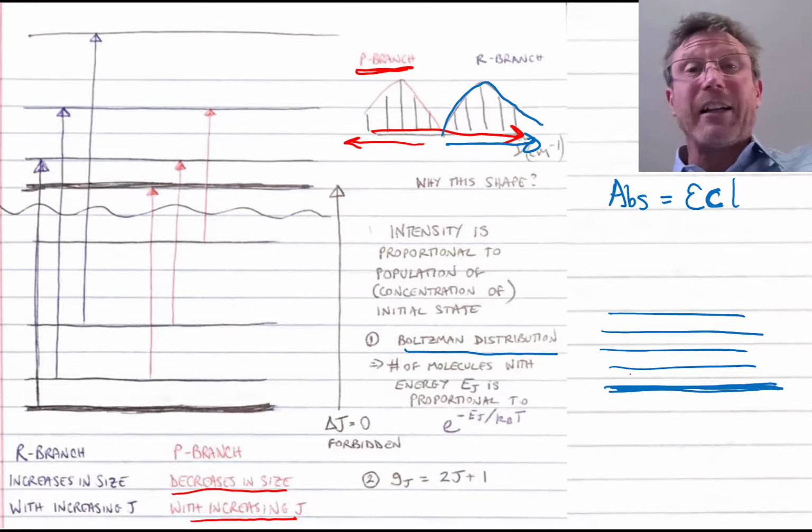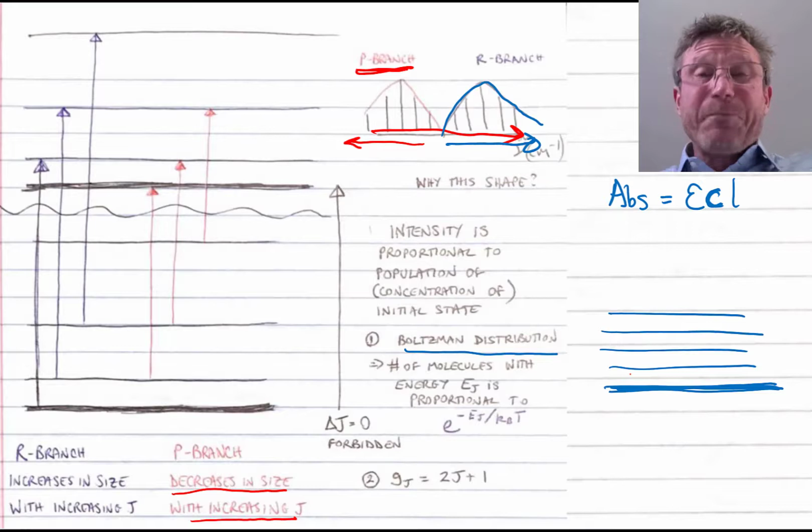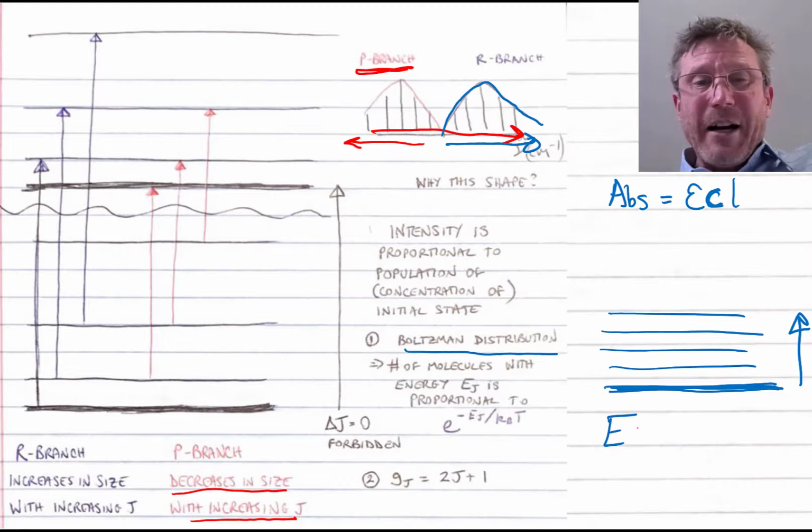So we tend to see a larger population in the ground state, and the Boltzmann distribution actually tells us how that population changes as we increase the energy of a particular state. So that's given to us by this expression.